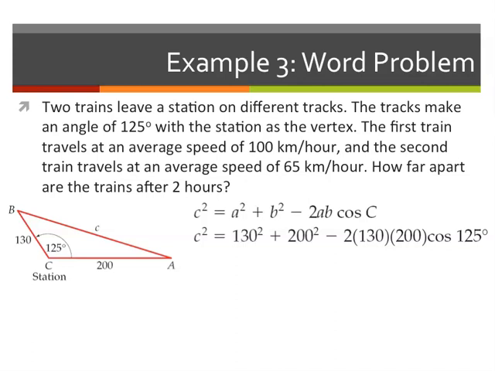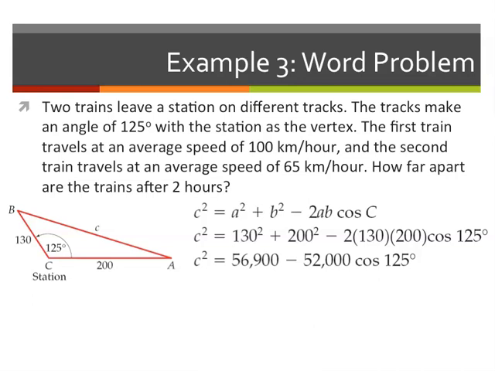The calculator will follow rules of PEMDAS. Alternatively, if you do it one at a time, 130 squared plus 200 squared, you end up with 56,900 minus 52,000 times cosine of 125. Make sure you multiply 52,000 times cosine 125 first before you subtract from 56,900. Or you can plug the whole thing into the calculator again. It will follow rules of PEMDAS.